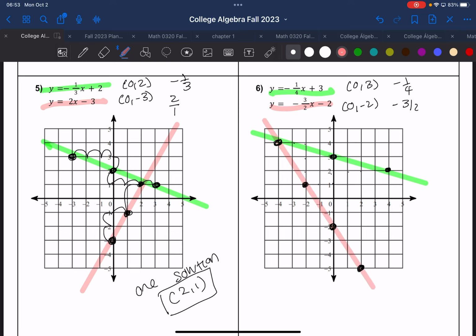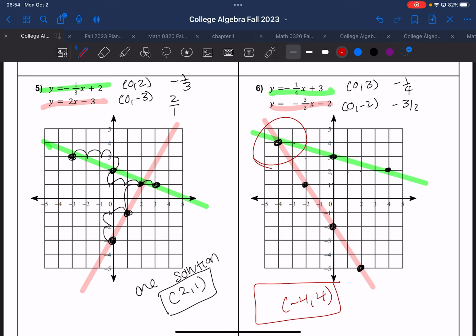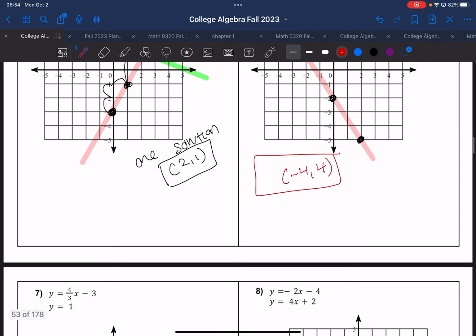Okay. So that means I have one solution at what point? Good, negative 4, 4. Any questions so far? This is also just practicing our graphing skills that we learned in previous notes.